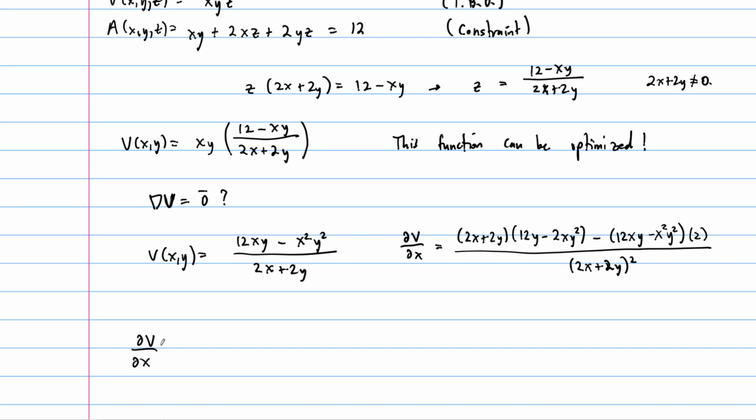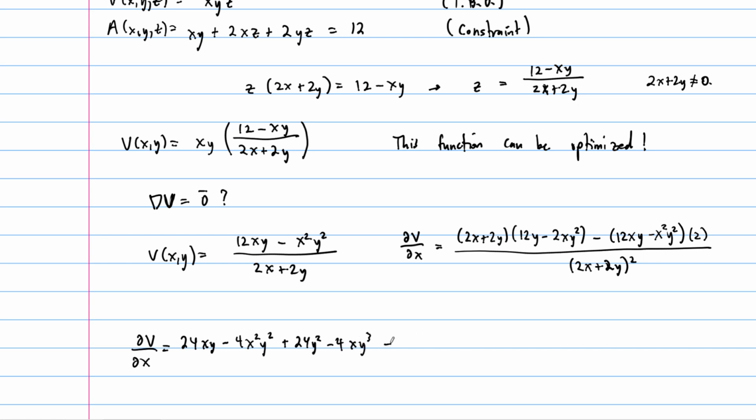So dV by dx is going to be, if we multiply through, we're going to be able to take out a 2 from here and a 2 from here. Well, let's just multiply it out and see what we get. So this is going to be 24xy minus 4x squared y squared plus 24y squared minus 4xy cubed.